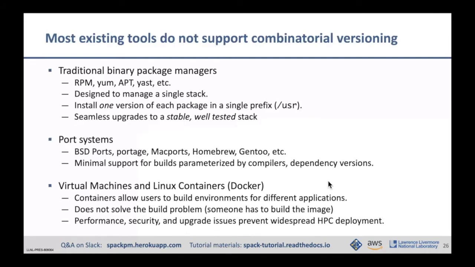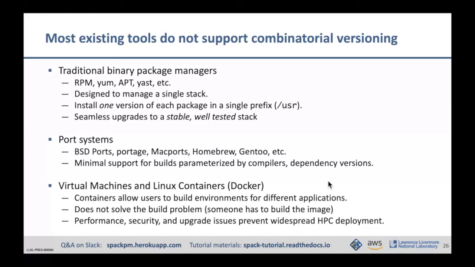So if you think about most existing package management tools, they don't support combinatorial versioning. A binary package manager like RPM, Yum, APT, all these system package managers that you're used to using, they're managing a single prefix, or at least a single root of the file system. So RPM installs basically one version of each package to slash.